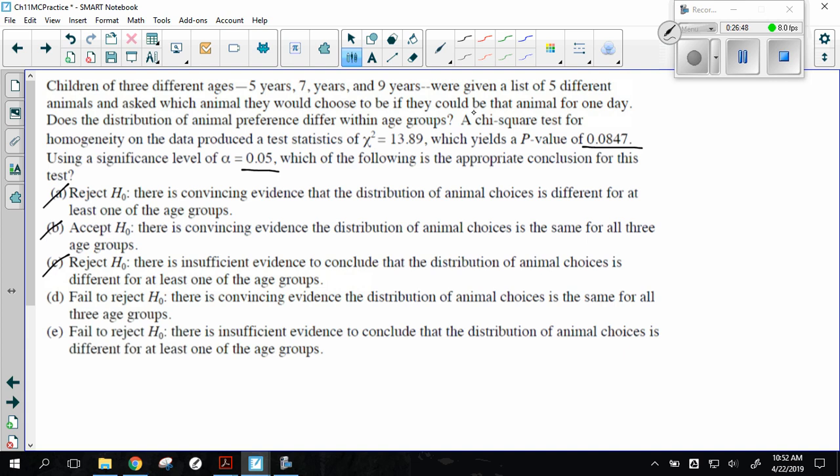But we wanted to see if there was a difference, right? Our null hypothesis is always going to be that there is no difference, and our alternative hypothesis would be that there is a difference. We're not concluding that it's the same. We were concluding that there wasn't enough evidence to say that they are different.